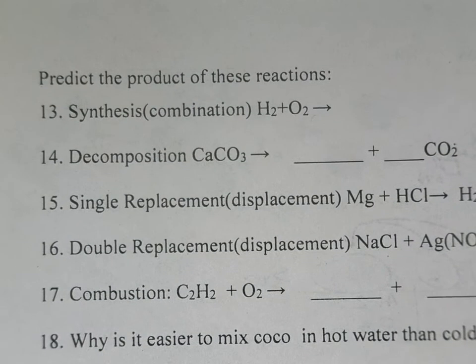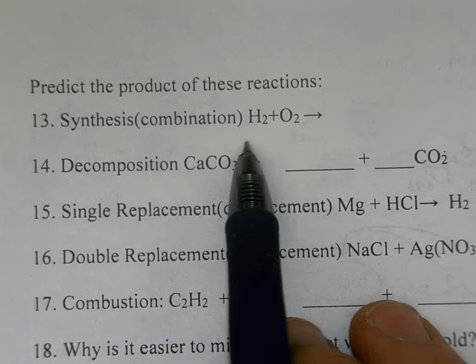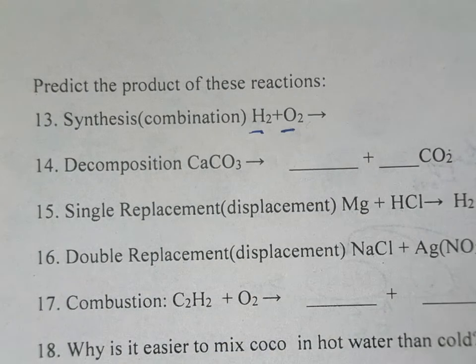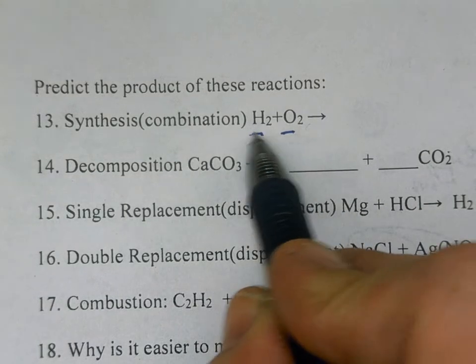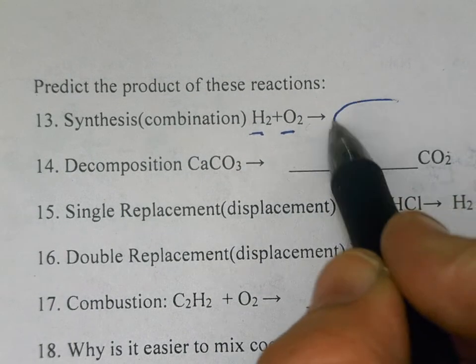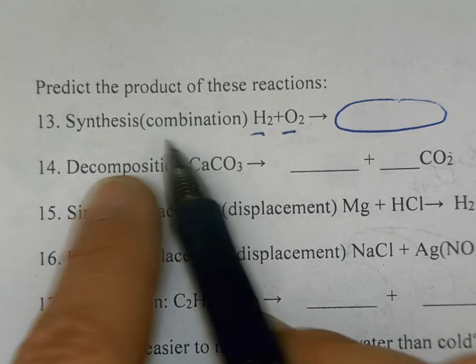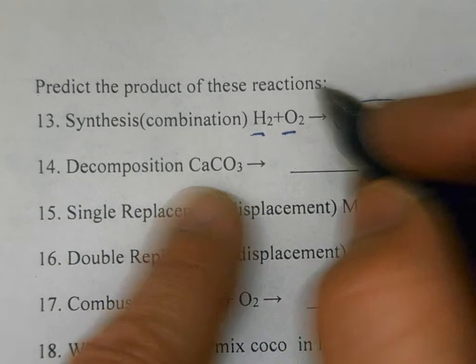So for these few right here, you need to be able to predict the types of reactions. Now in a synthesis reaction, you've got two or more compounds joining together into fewer. The simplest version is two compounds joining into just one compound.